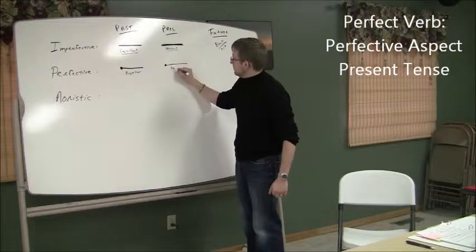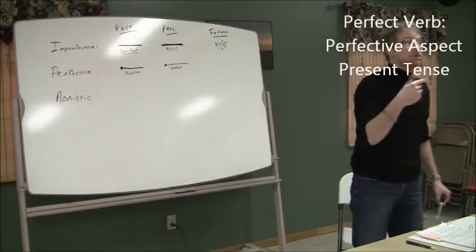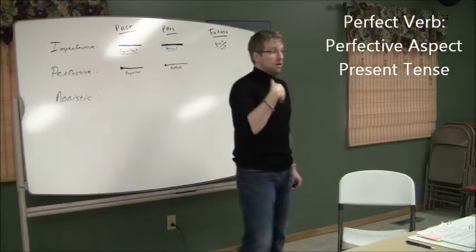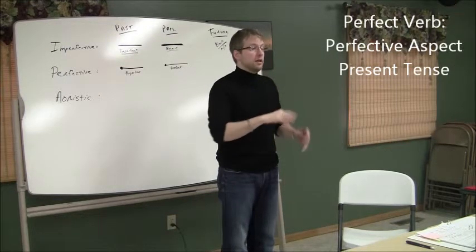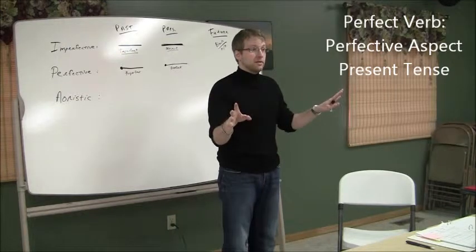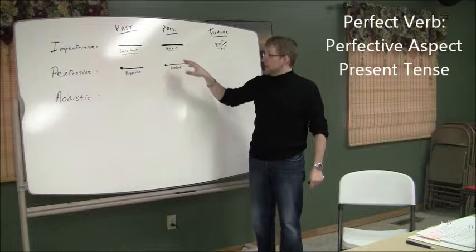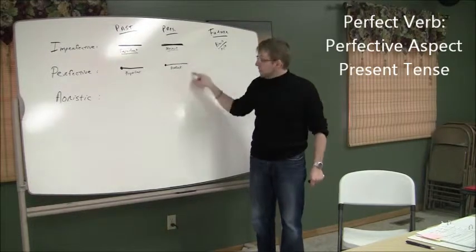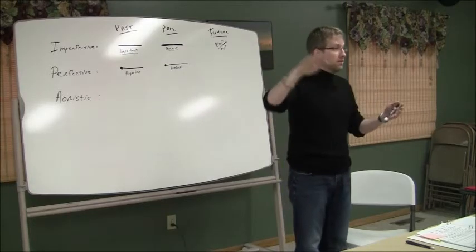So, when the author of John is writing about Jesus on the cross, he says, and then Jesus groaned out and he said, it is finished. That's in the present tense, a present tense perfective aspect. It's a perfect. So, Jesus says, it is finished, with ongoing results.